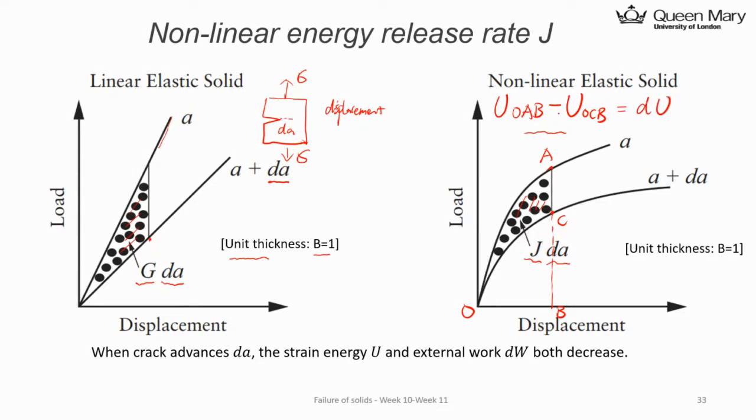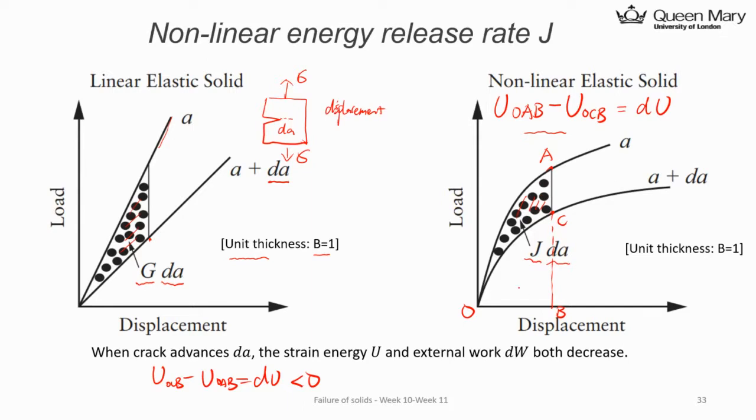Most of the time we do it the other way, comparing the strain energy after the crack extension to the original one, so U_OCB minus U_OAB equals dU. You find this value is smaller than 0, because this area is smaller than the original area.